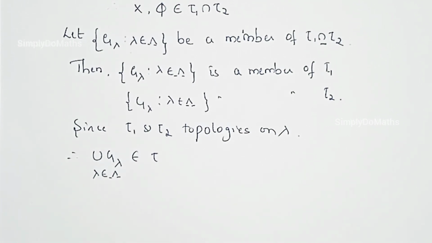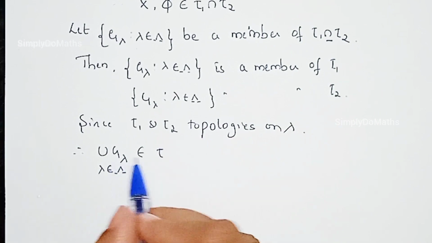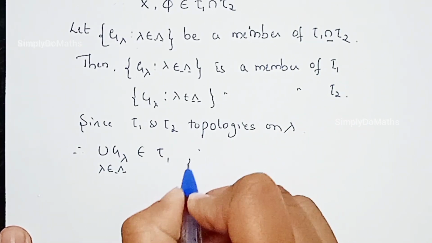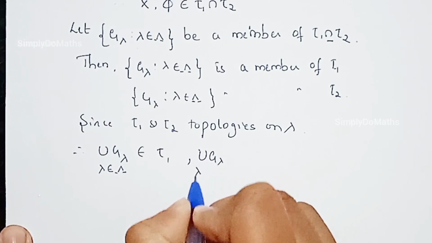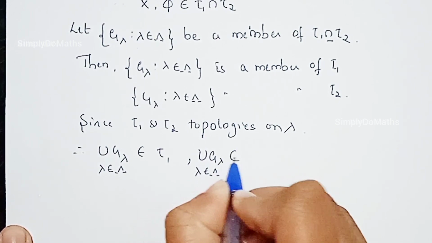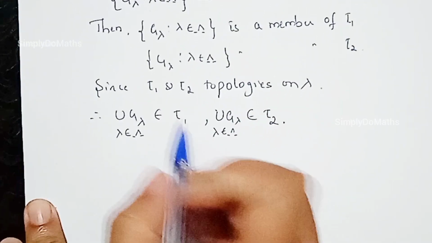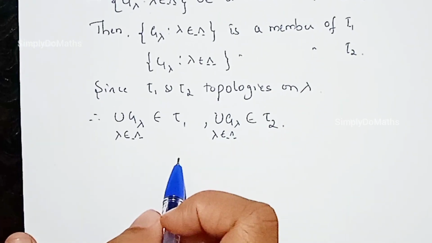Union of members of any subcollection of tau is again an element of tau, right? Similarly, union of G lambda, where lambda belongs to the index set, belongs to tau2 by the definition of topology.